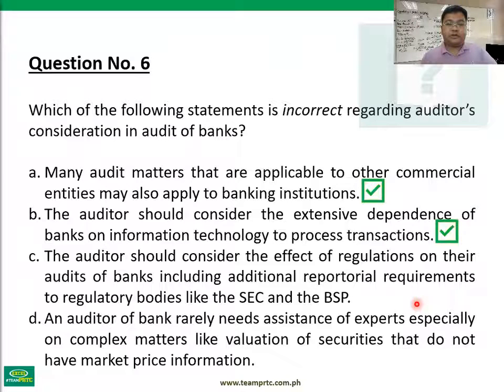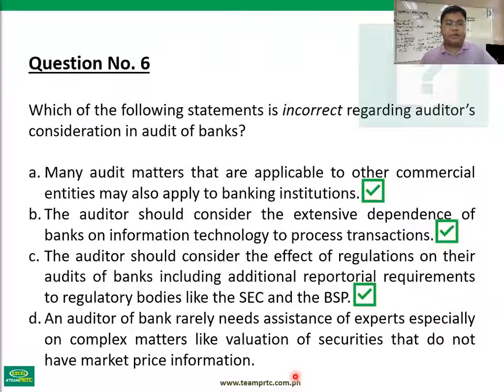Letter C: the auditor should consider the effect of regulations on their audits of banks, including additional reportorial requirements to regulatory bodies like the SEC and the BSP. Correct also, as we have discussed in the previous items. There are additional reportorial requirements to be submitted to the BSP on certain areas or matters. Even if we do not have any findings, we still have to report that to the BSP.